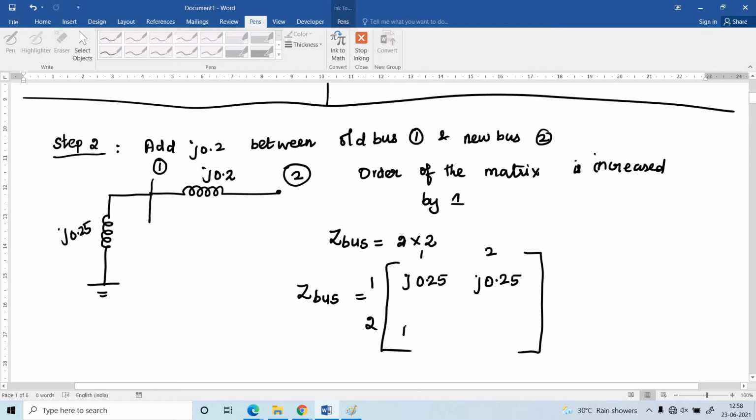The same element is copied down the row also, J0.25. And how to find Z22? Summation of Z11 plus the element J0.2. So J0.25 plus J0.2, that is J0.45.